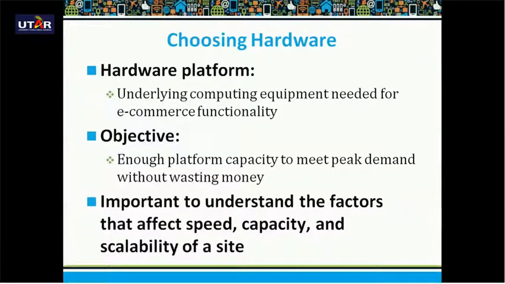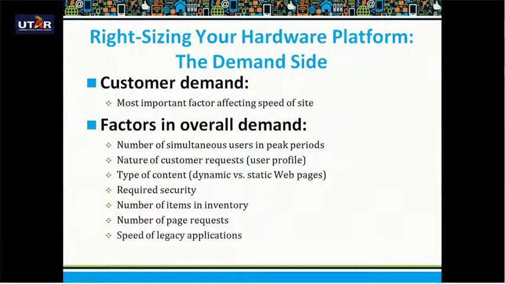It is very important to understand the factors that affect the speed, capability, and scale of a site. So, size your hardware platform on the demand side. For example, from the customer point of view, customer demand is the most important factor affecting the speed of a site.